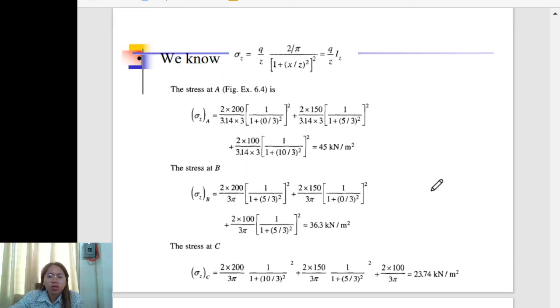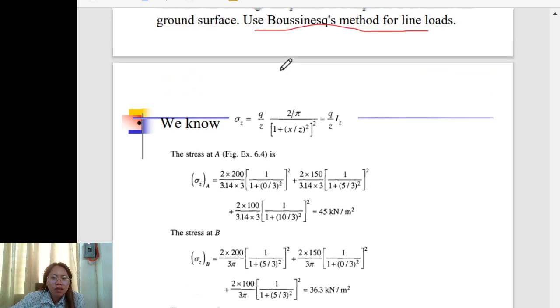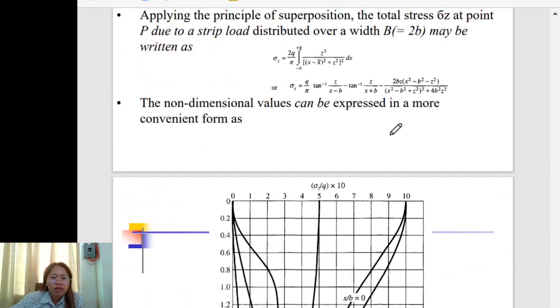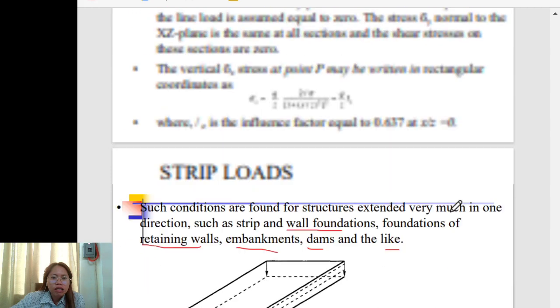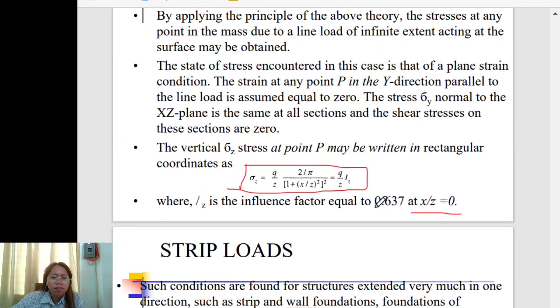Alright, so for the solution, using the formula Q over Z. This, no?